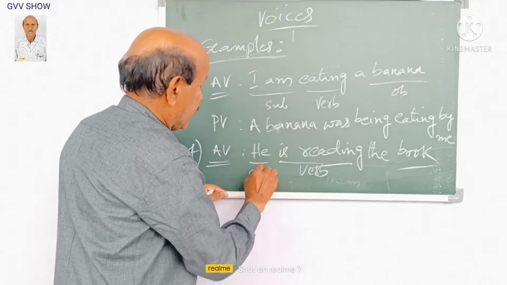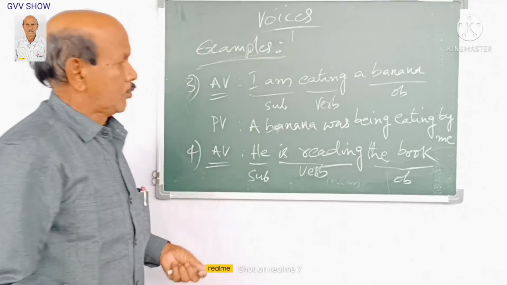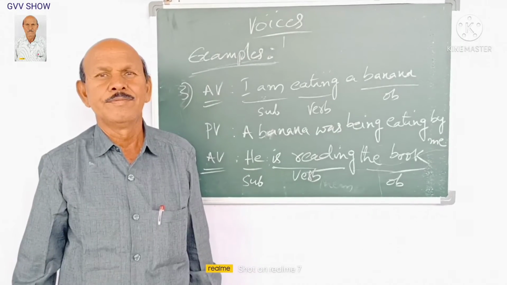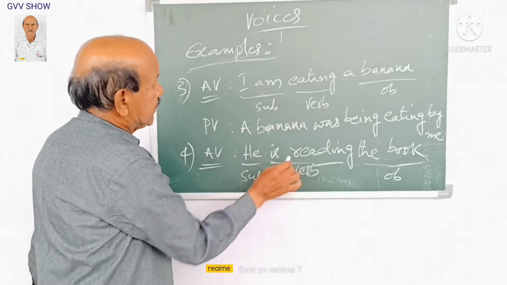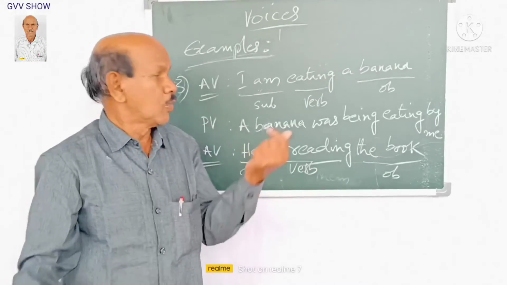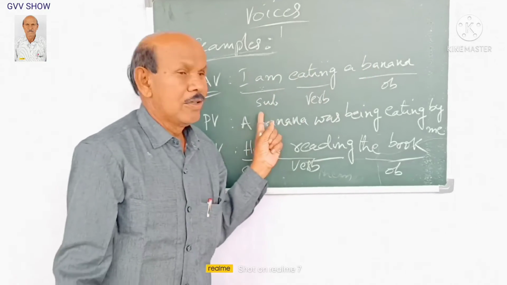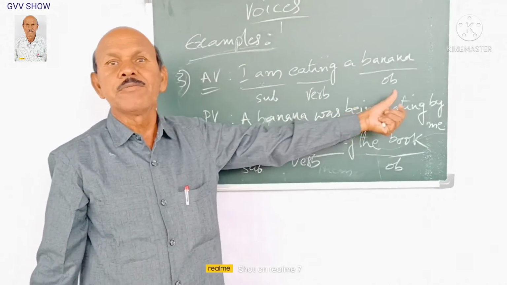He means subject. The book means object. So when am and is come in active voice, we must use was in passive voice. So I am eating a banana. When we write in passive voice, a banana was being eaten by me.